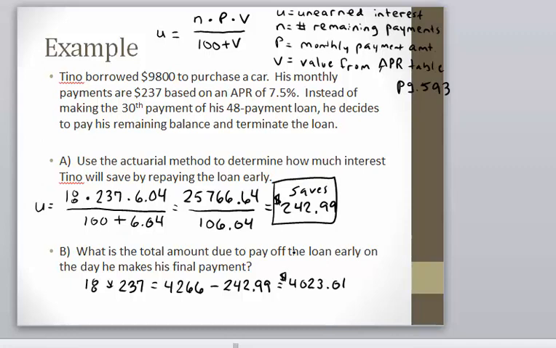This is the balance due, excluding that 30th monthly payment. Now the last thing I need to do is add in the value of that 30th payment, which is one more 237. I'm going to add that on, bringing my total to $4,260.01. And this will be his total amount due to pay off the loan early on the day that he makes his final payment.